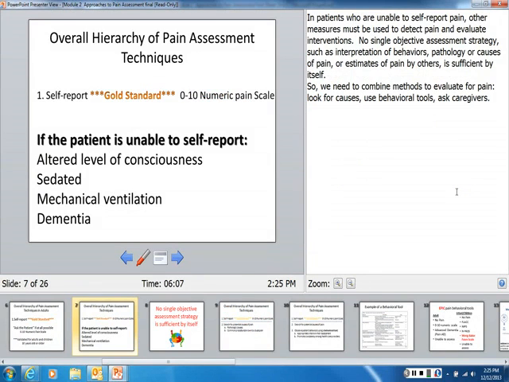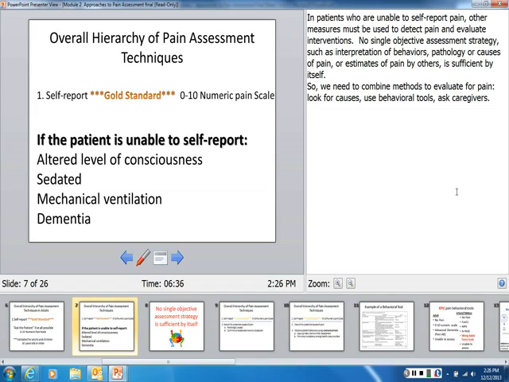These include patients with altered levels of consciousness, sedated patients, patients that are mechanically ventilated, demented patients, and of course, infants and preterm babies. All these patients are unable to self-report. In patients that are unable to self-report pain, other measures must be used to detect pain and to evaluate the interventions that we have.